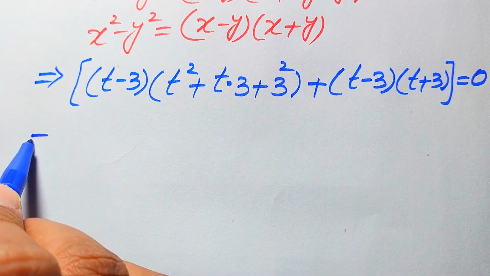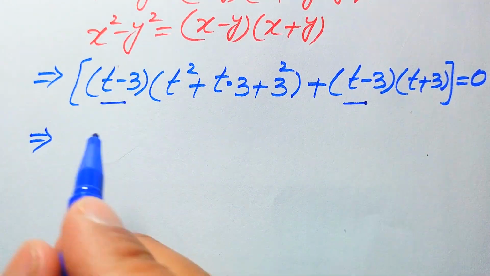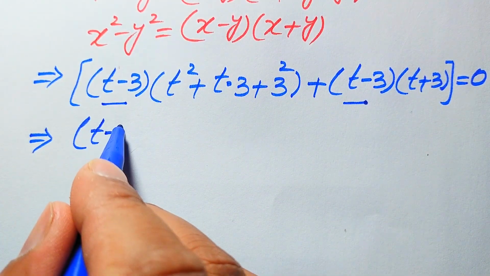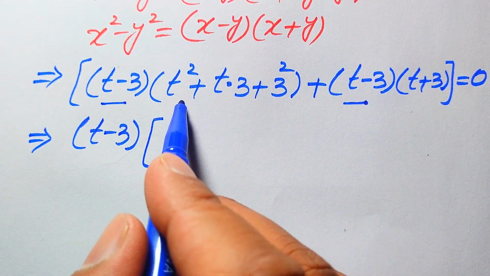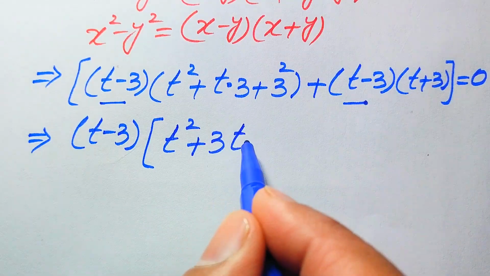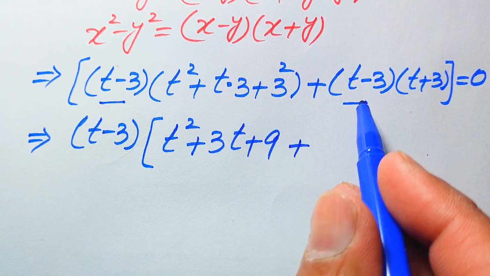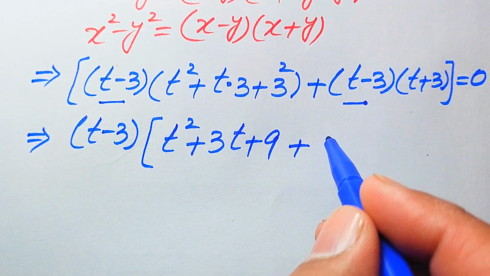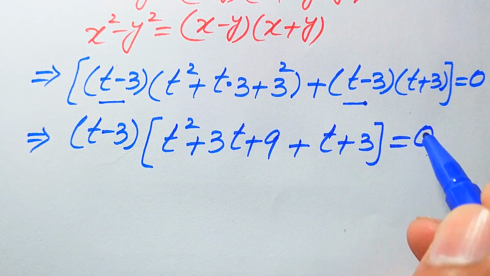Further you see both of these terms involve the factor t minus 3, so we take common t minus 3 and get the remaining values: t square plus 3t plus 3 square becomes 9, and t plus 3, and this whole equation is equal to 0.